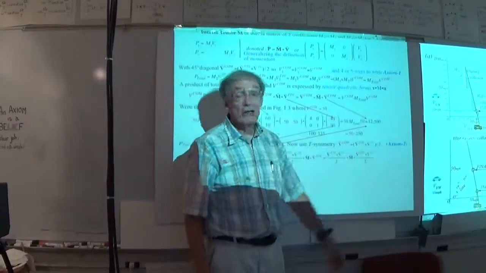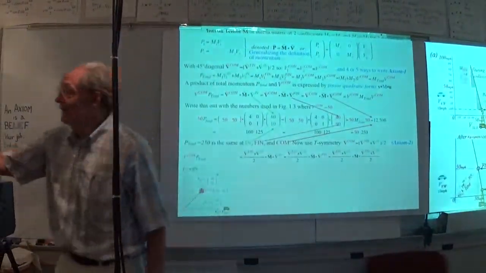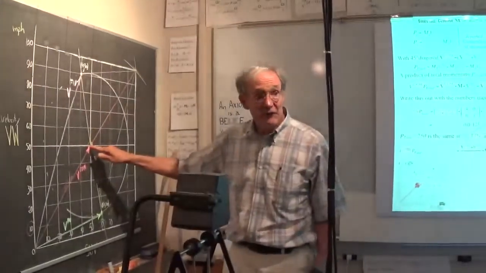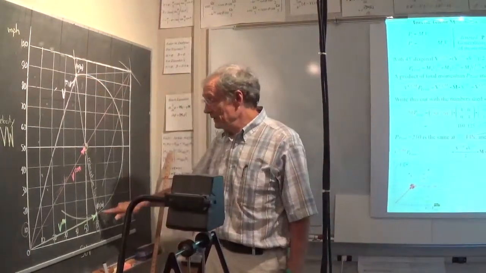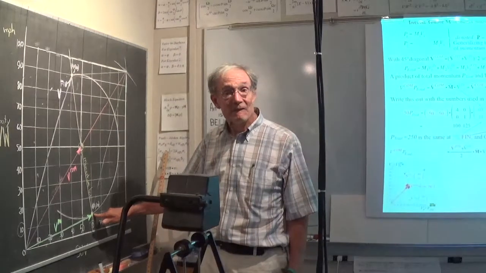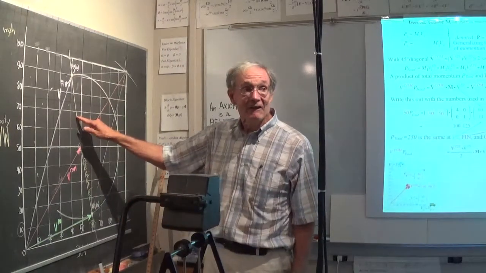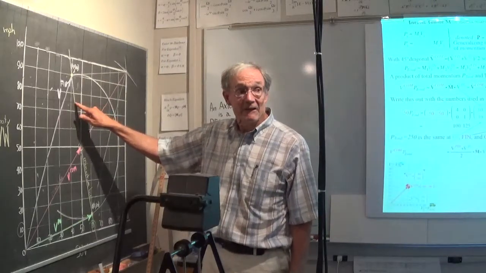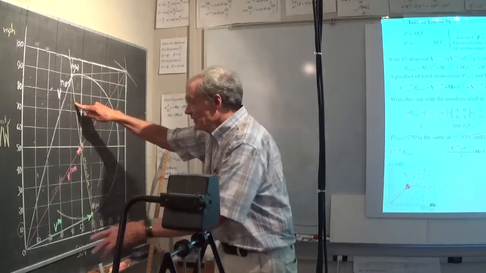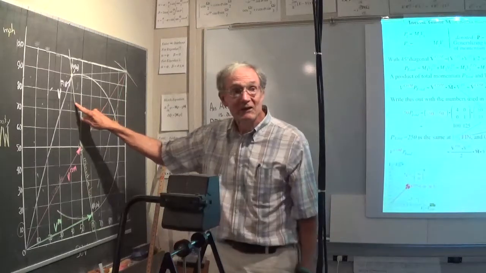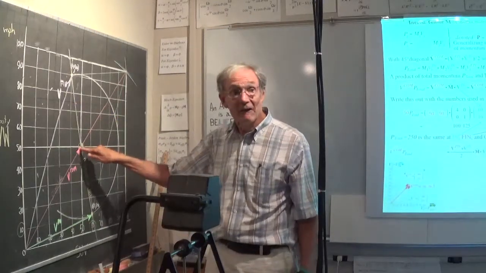The idea that this point right here is half the sum of the final and the initial. And that won't be true if I only make it to here or to here. Then the final plus the initial is going to be down in here someplace, not right here.